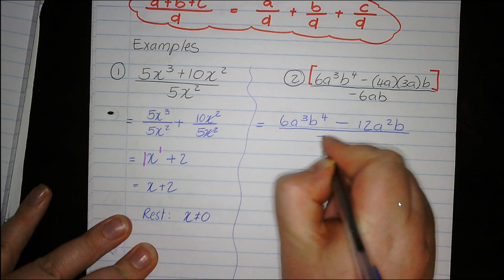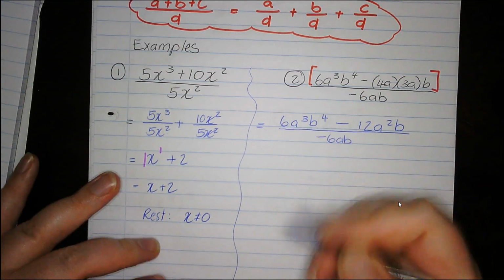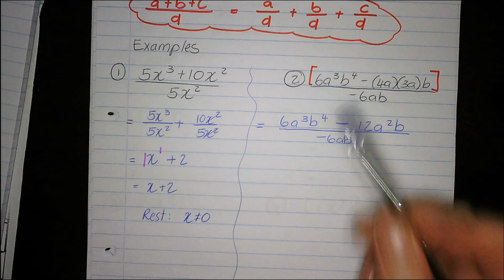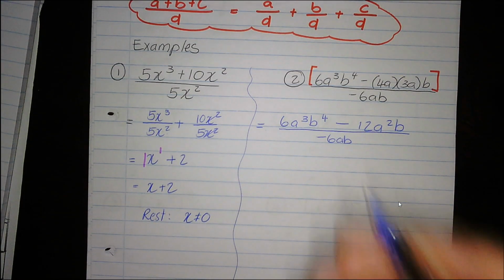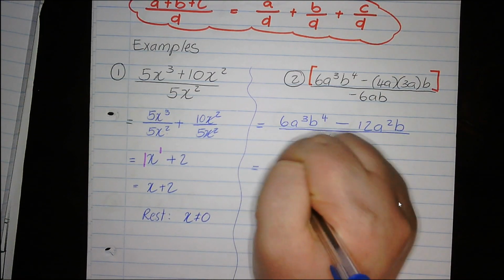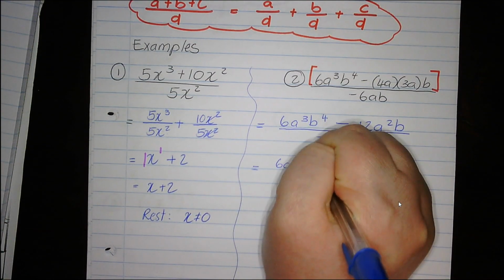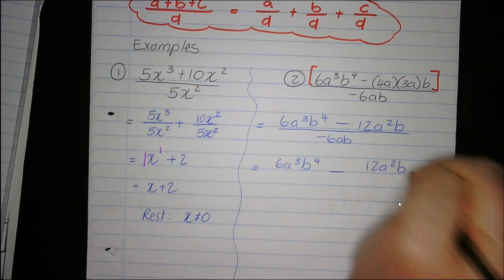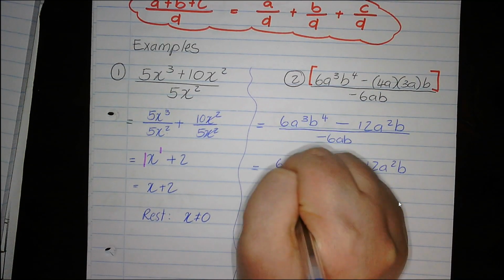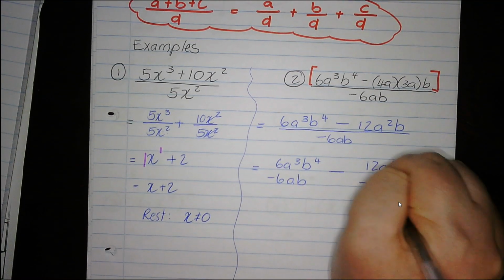Over negative 6ab. Okay, in the numerator we don't have like terms, so we need to break it up. 6a cubed b to the power 4 minus 12a squared b, both over negative 6ab and negative 6ab.